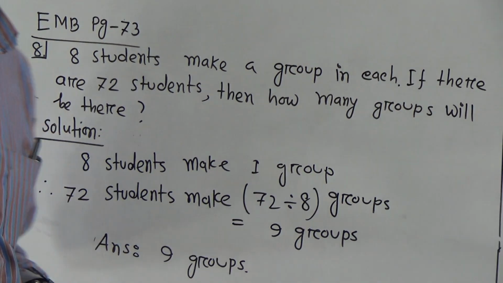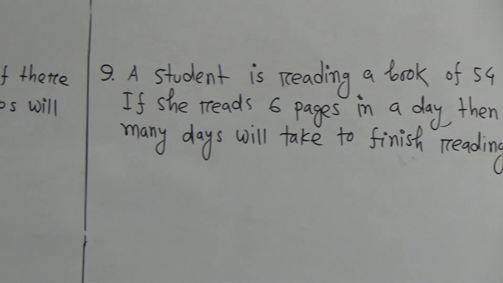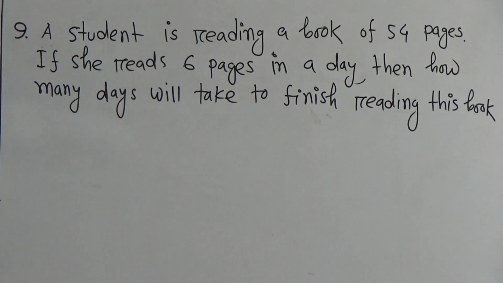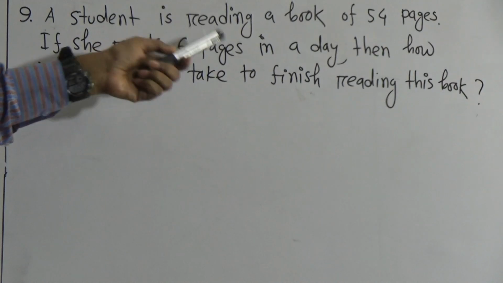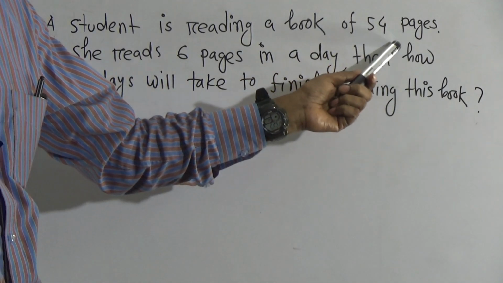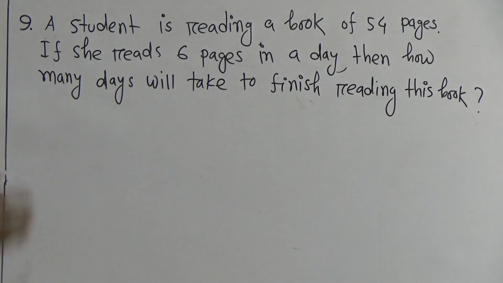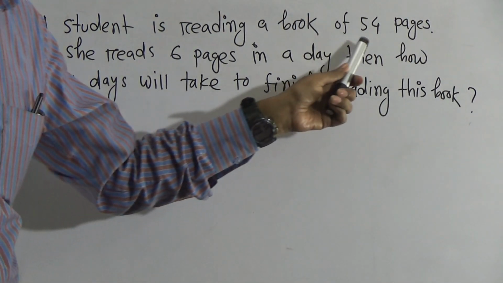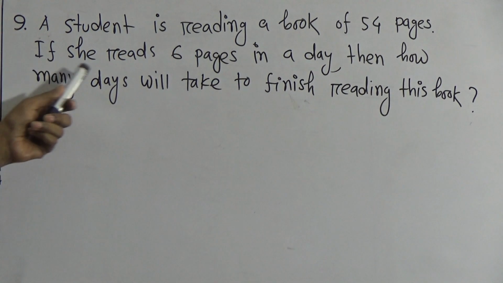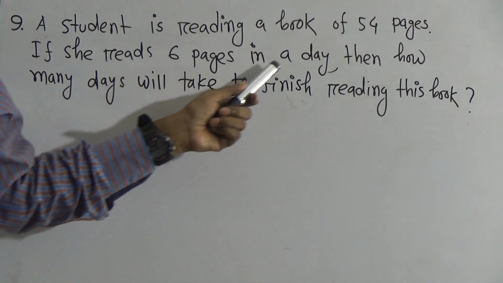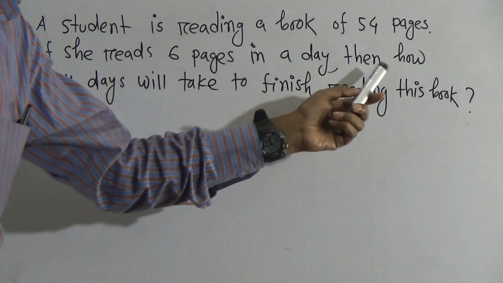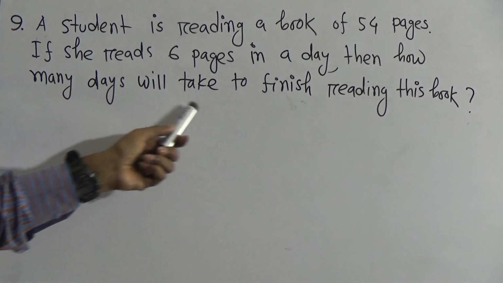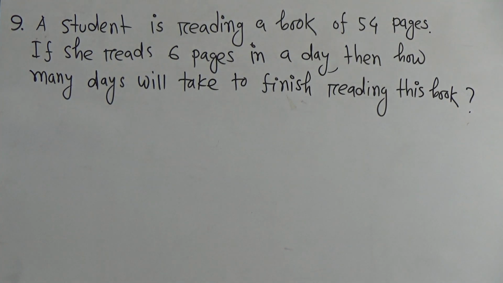Now I will solve question number 9, which is also on page number 73. Look, a student is reading a book of 54 pages. That means the book contains 54 pages. If she reads 6 pages in a day, then how many days will it take to finish reading this book?